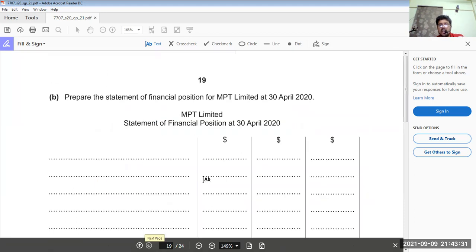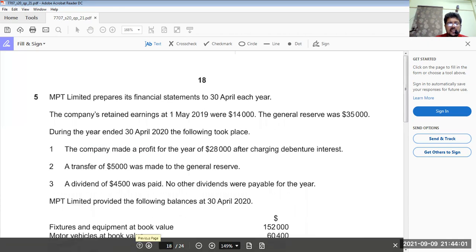Now we have to make the statement of financial position for NPT Limited on 30th April 2020. When we are making a balance sheet, we have to be very careful about the data. First, in a balance sheet, what we report is non-current assets, our first heading. Now see, what are the non-current assets we have?